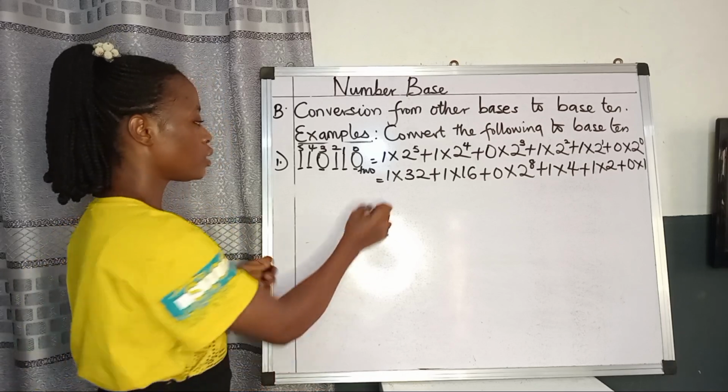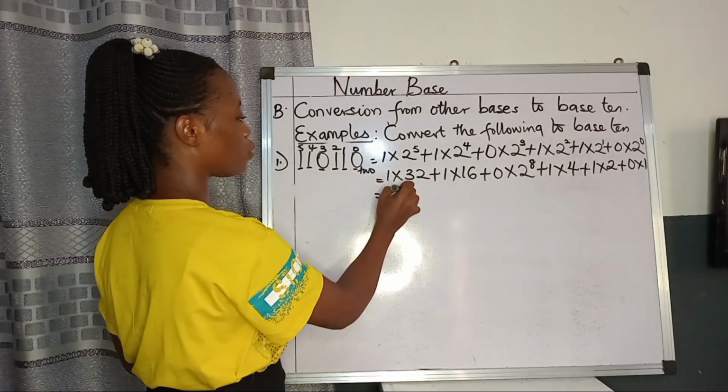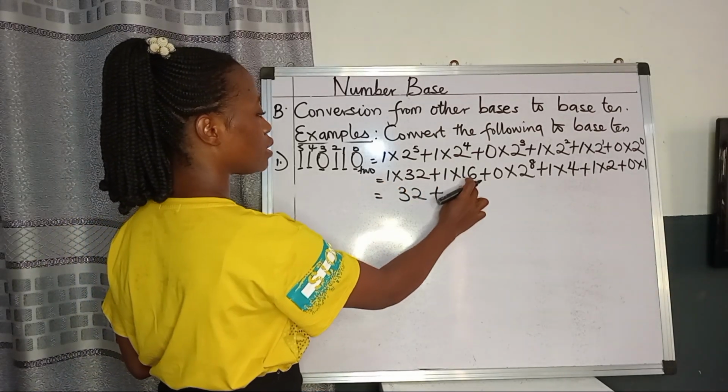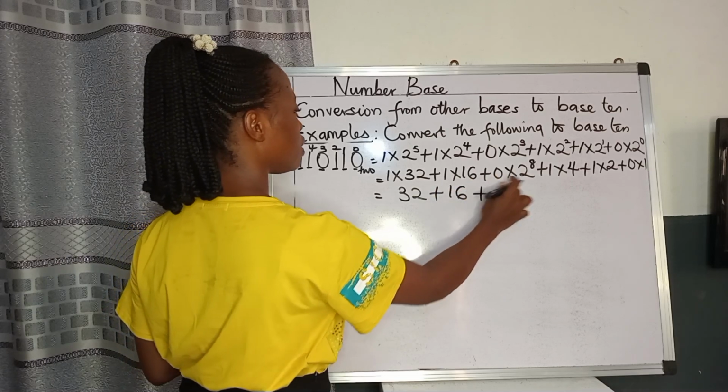Moving on, 1 times 32 is 32. 1 times 16 is 16.